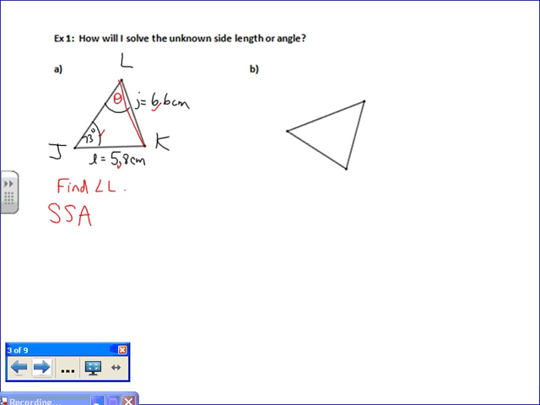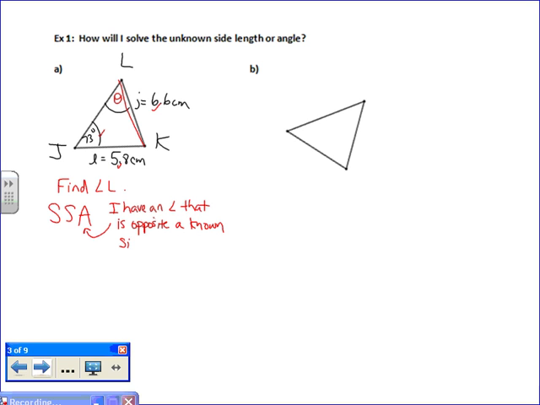And the angle that I have is opposite a known side.